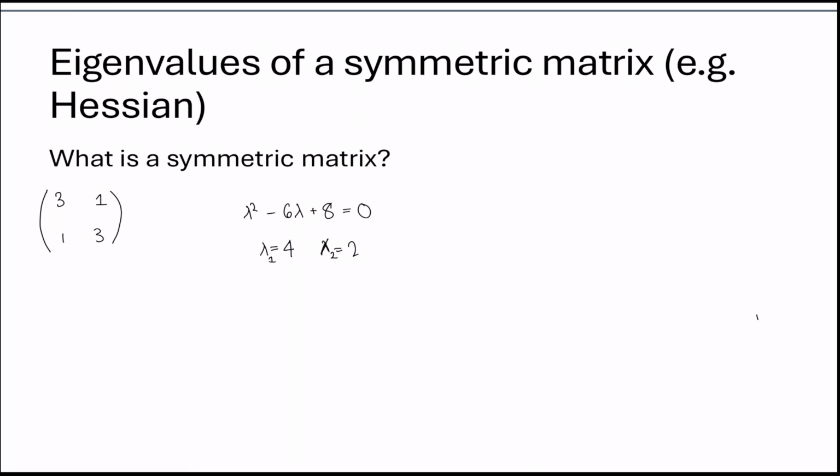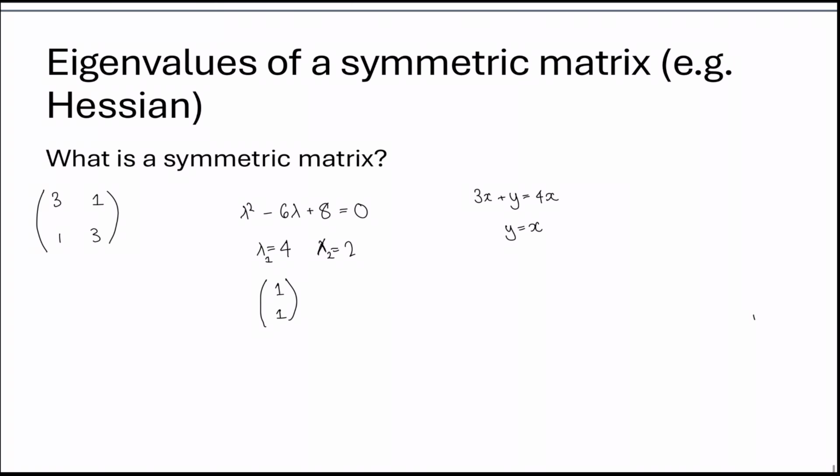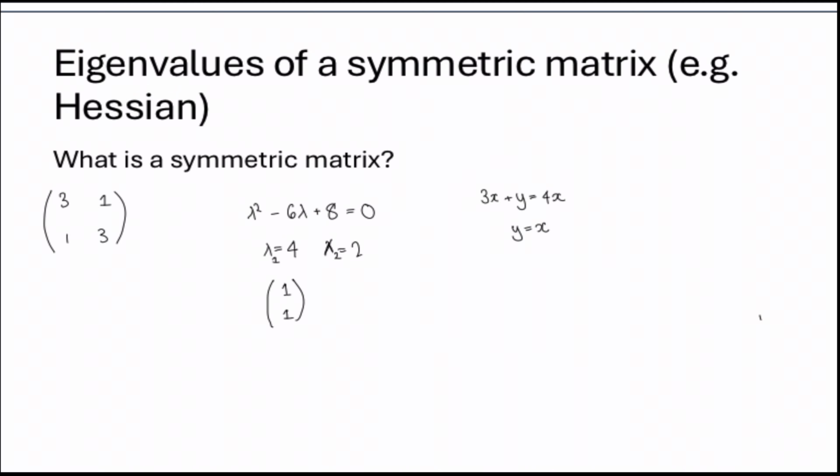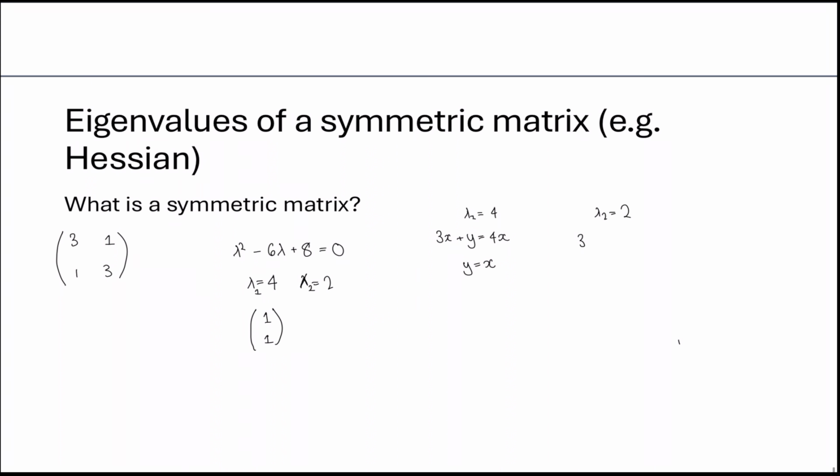So this can be our first eigenvalue and this can be our second eigenvalue. If we now work out the corresponding eigenvectors, we get 3x plus y is equal to 4x. So y is equal to x. So our eigenvector for lambda is equal to 4 could be 1, 1. If we do the same thing for lambda is equal to 2, we get 3x plus y is equal to 2x.